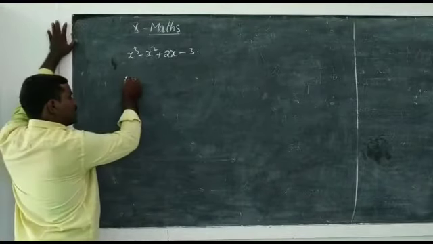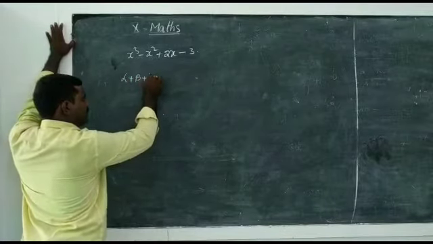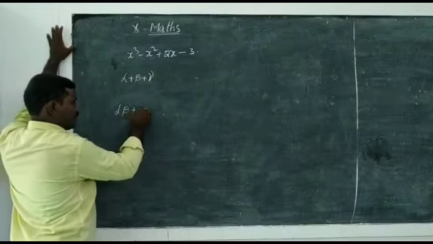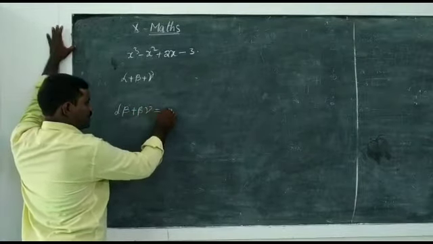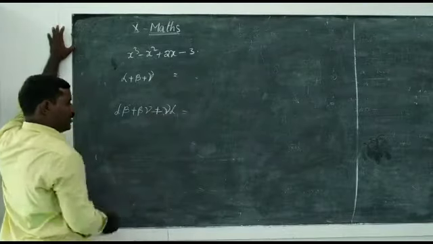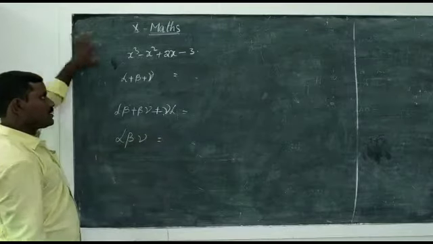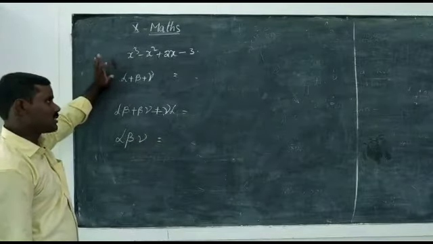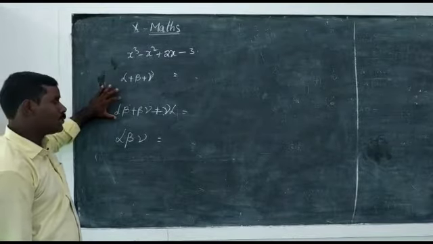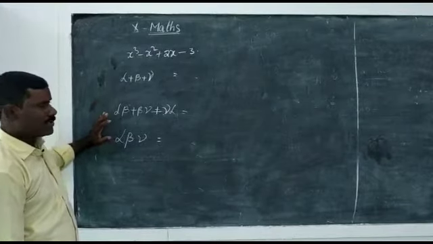Now in this I am taking alpha plus beta plus gamma, and alpha beta plus beta gamma plus gamma alpha, and one more, alpha beta gamma. Sum of the zeros, product of the zeros two at a time, product of the zeros, these three.